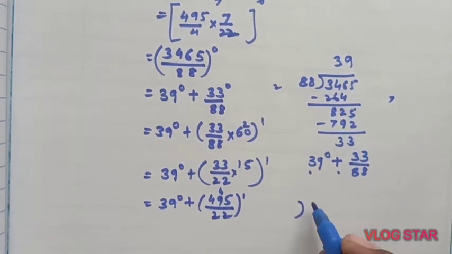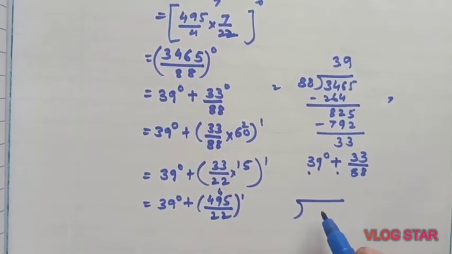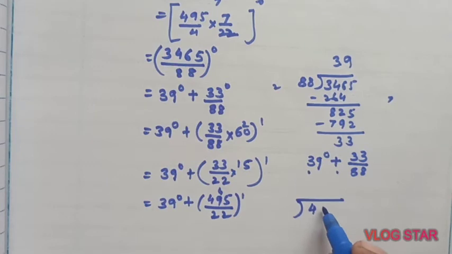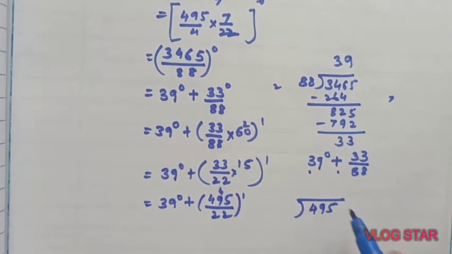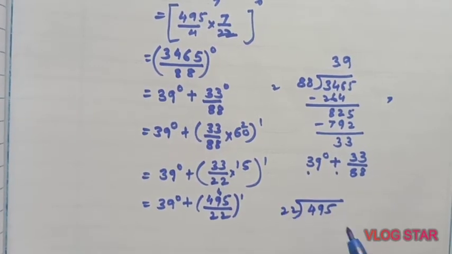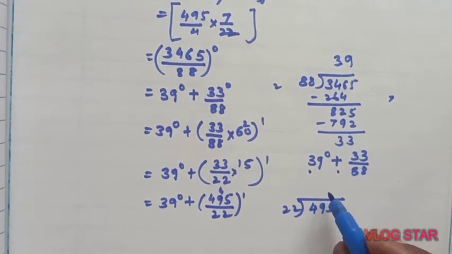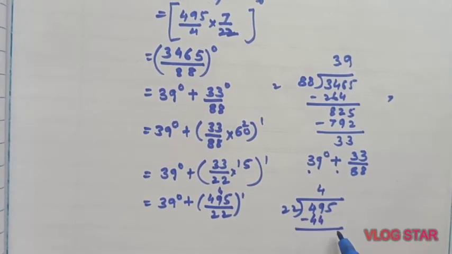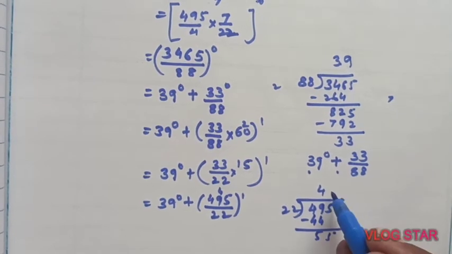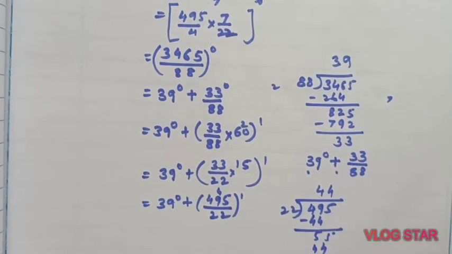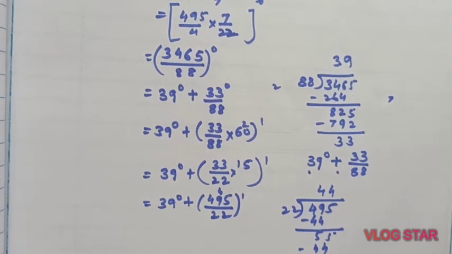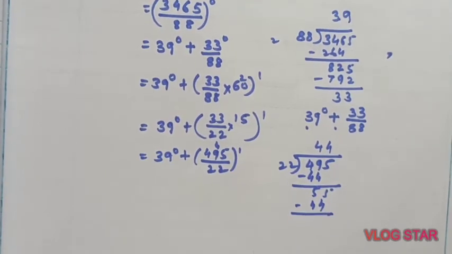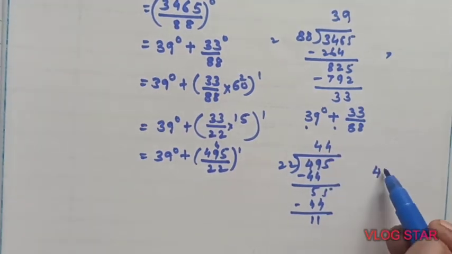So normal division, we will take the integral part away. So what is the integral part? 22 4s are 44. Again 22 4s are 44. So what is the integral part and decimal part? Here 11 left.